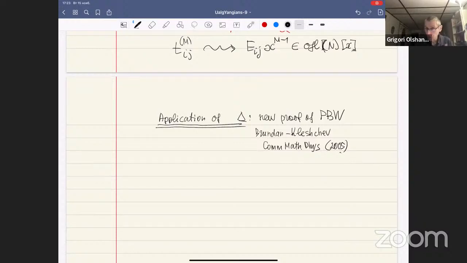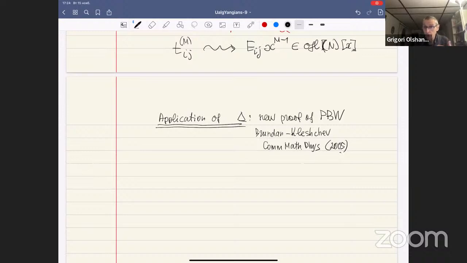So what do we want to prove? I recall the general formulation that we can choose an arbitrary total, that is linear, order on our generators. And then the claim is that if you take ordered monomials in our generators, then they constitute a basis.